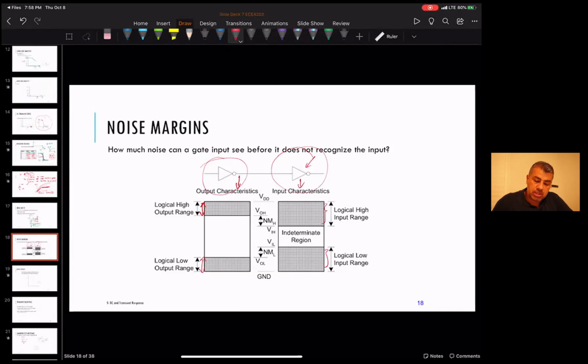The noise margin is basically the difference between the lowest output high and the lowest input high. The bigger it is, the better, and vice versa here. So by moving this curve around, you're changing whether it's a 1 or 0 that would have a worse noise margin.